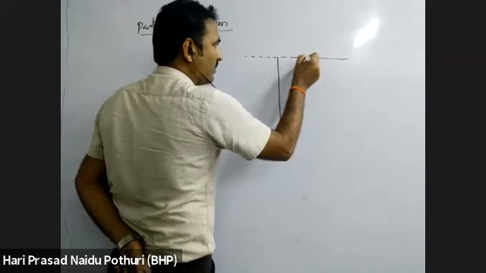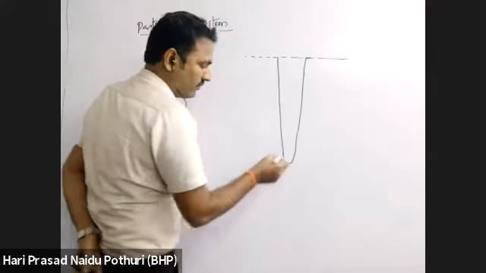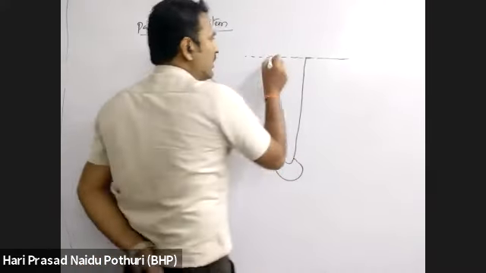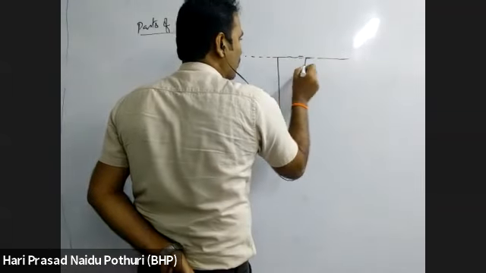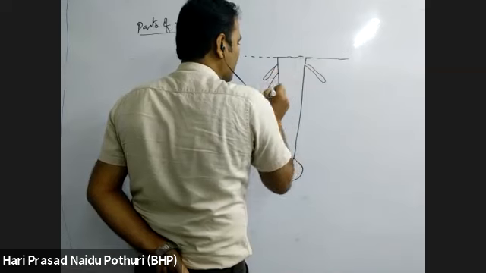A root has three major parts, three major zones.